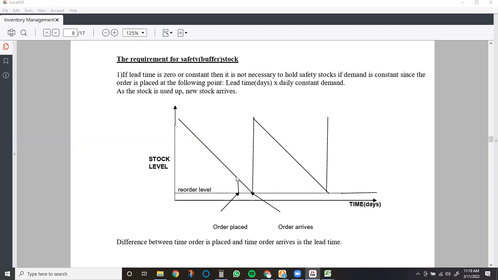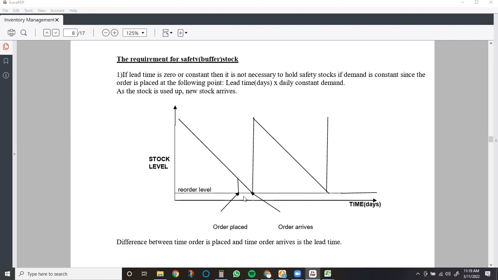If the company desires to hold 100 units as safety stock, it means this level here would be 700 units. 700 units, okay, order is placed. This point, after 3 days, 600 units come in. At this point, 100 units remain, okay, and that is the safety stock which is always held.